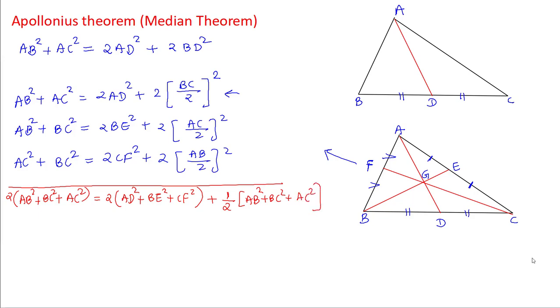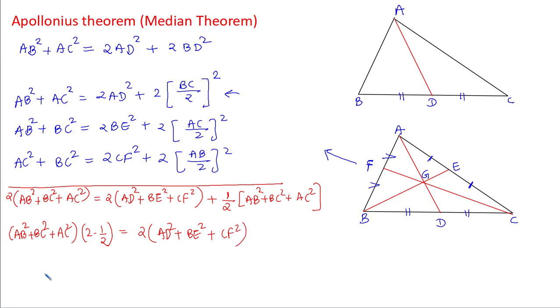If we solve this step further, we will get (AB square plus BC square plus AC square) into (2 minus 1 divided by 2) is equal to 2 times (AD square plus BE square plus CF square).